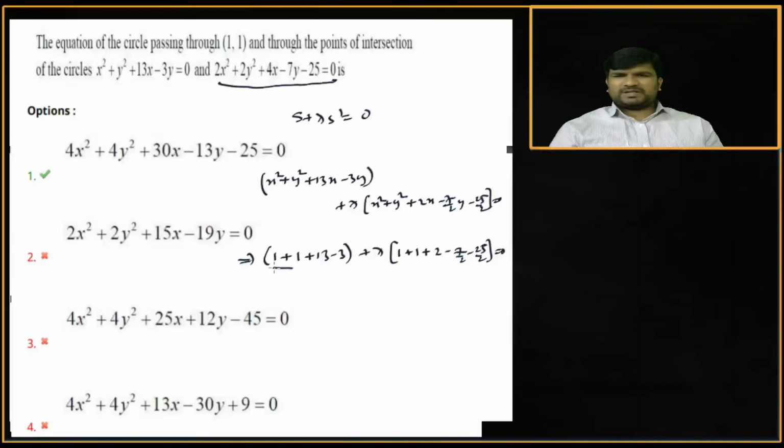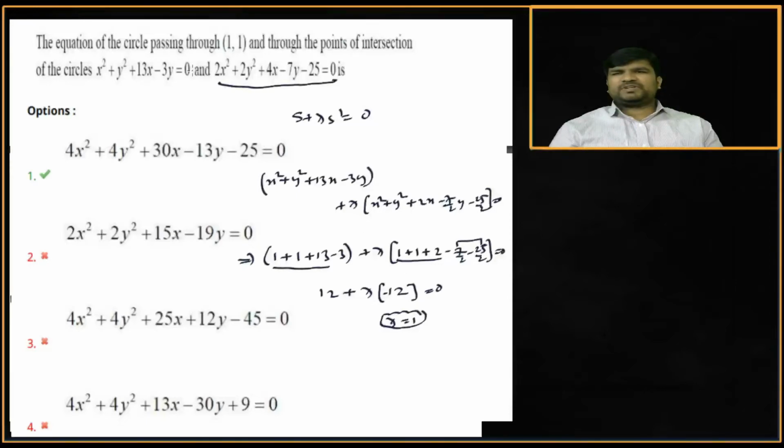So 1 plus 1 plus 13, 13 minus 3 is 10, 10 plus 2 is 12, plus lambda times: 1 plus 1 plus 2 is 4, and minus 7 minus 25 is minus 32 by 2, which is 16. 4 minus 16 is minus 12. Okay, so lambda equals 1.